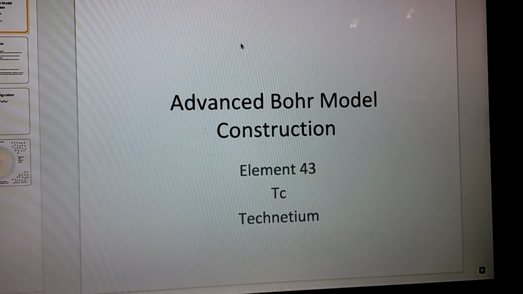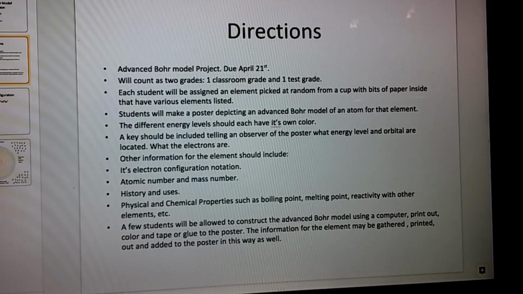Now, as far as projects you can do with this, advanced Bohr model construction. As an example, I have element 43, Tc, technetium. In this particular one, each student was assigned an element. I had them pick randomly from a couple bits of paper with various elements listed.